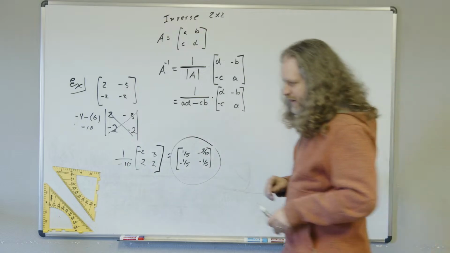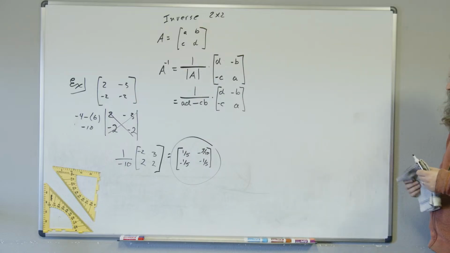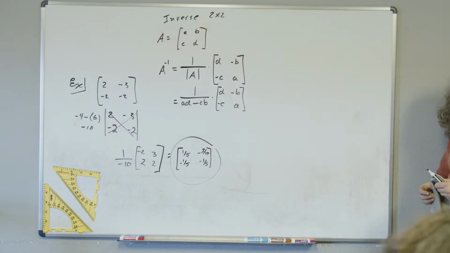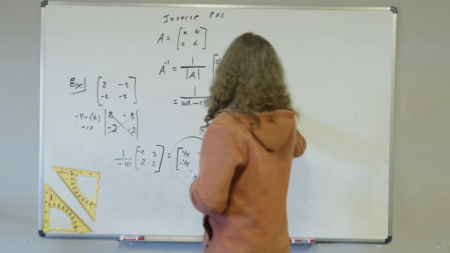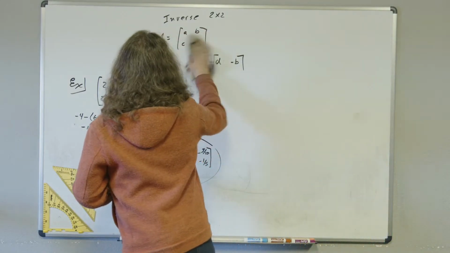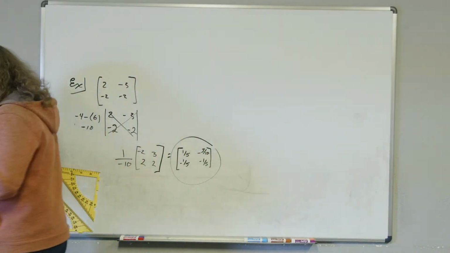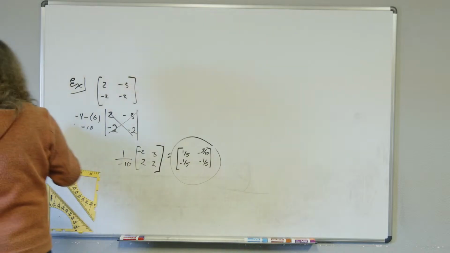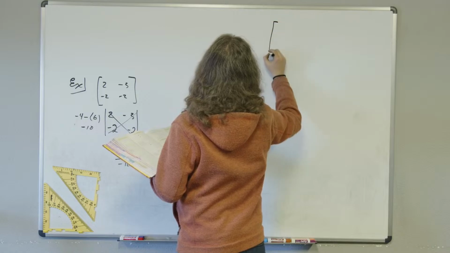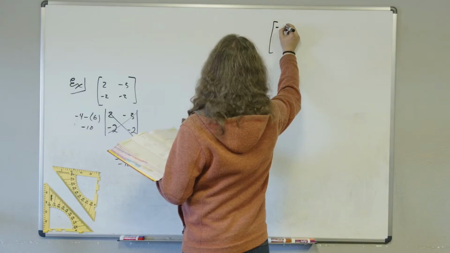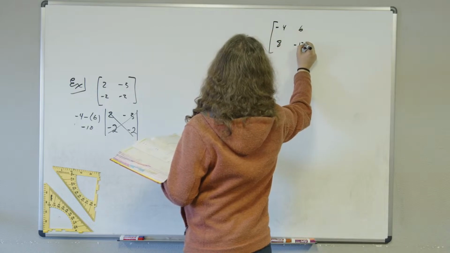Let's do one more 2 by 2. You're going to end up with a lot of ugly fractions because you're doing 1 over something times that. That's going to be very common in this particular chunk of your life. Let's also find the inverse of negative 4, 6, 8, negative 12.